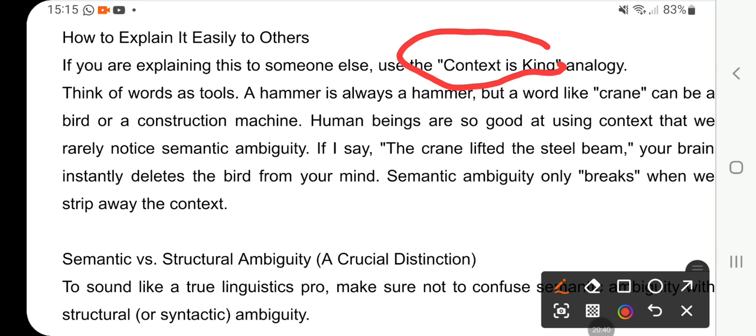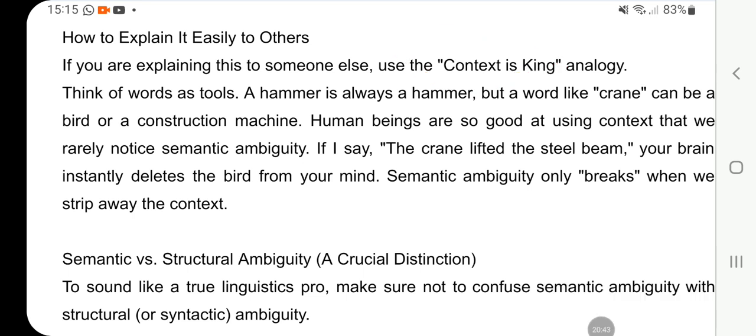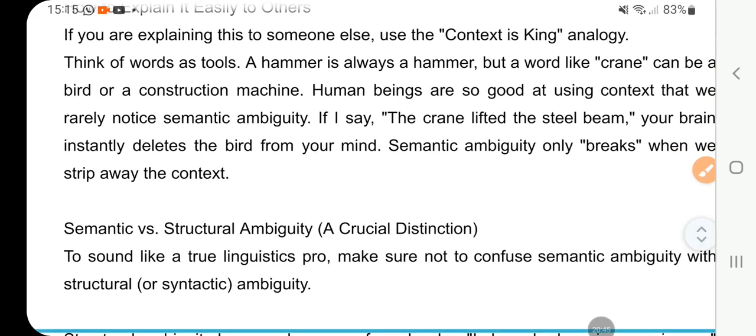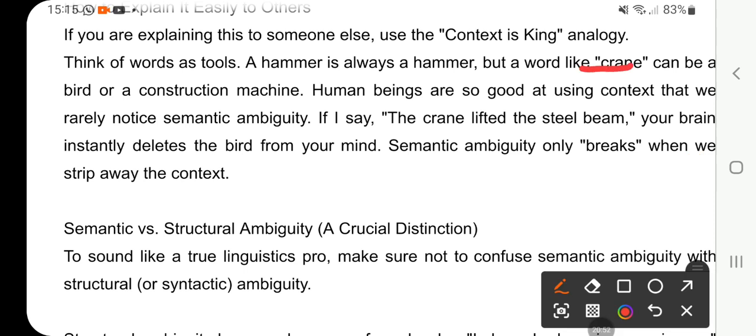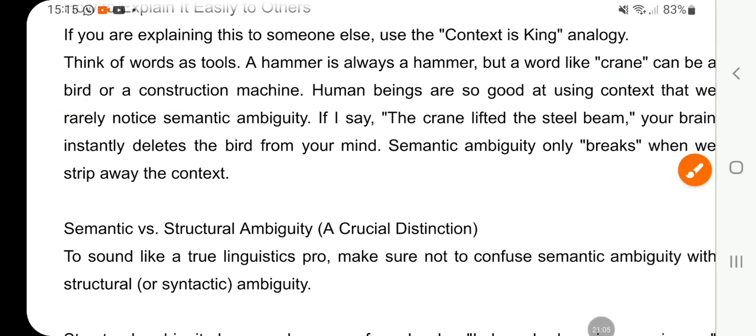A hammer is always a hammer, but a word like crane can be a bird or a construction machine. Human beings are so good at using context, but without context we can't understand which crane they are talking about. Either it is a bird or a construction machine.